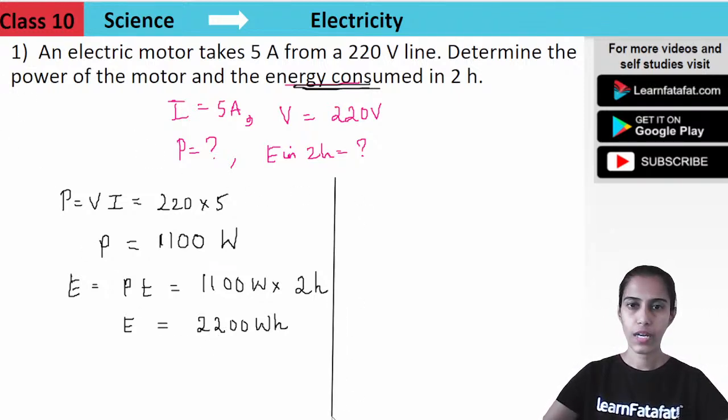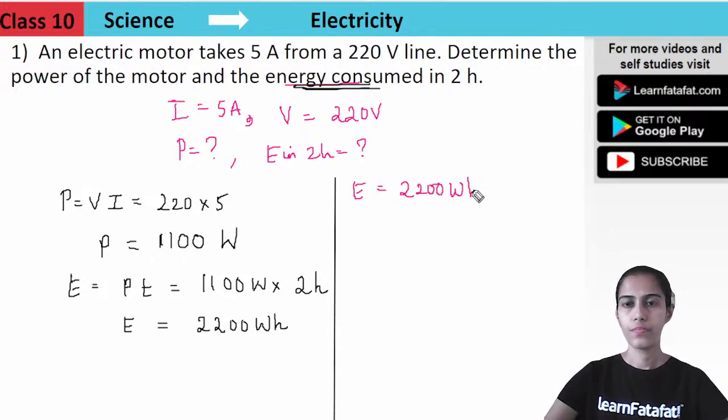जूल में कन्वर्ट करना है मुझे. So I will write energy is equal to 2200 watt hour. Watt is already the SI unit. Only thing मुझे करना होगा ये hours को seconds में convert करना है. So for this 1 hour I'm going to write this as 3600 seconds.